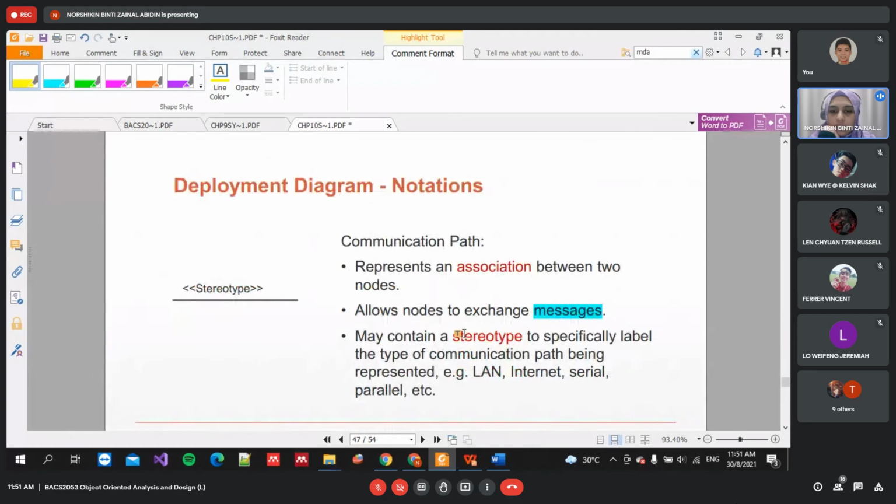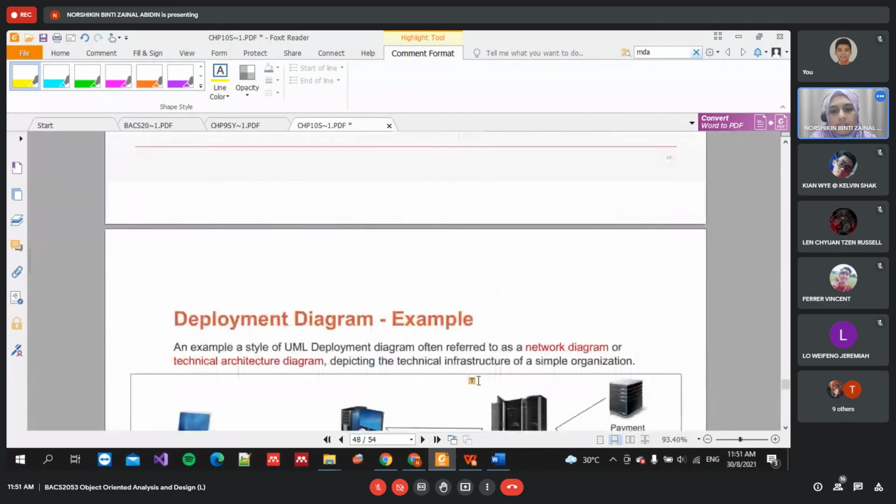Again, the stereotype of our communication path: we are using this for association between nodes. It allows nodes to exchange messages. I already asked in class how objects communicate; usually we have a message passing process. So they're using messages. It may contain a stereotype to specifically label the type of communication path, for example LAN, Internet, Serial, Parallel, etc. What does LAN stand for?